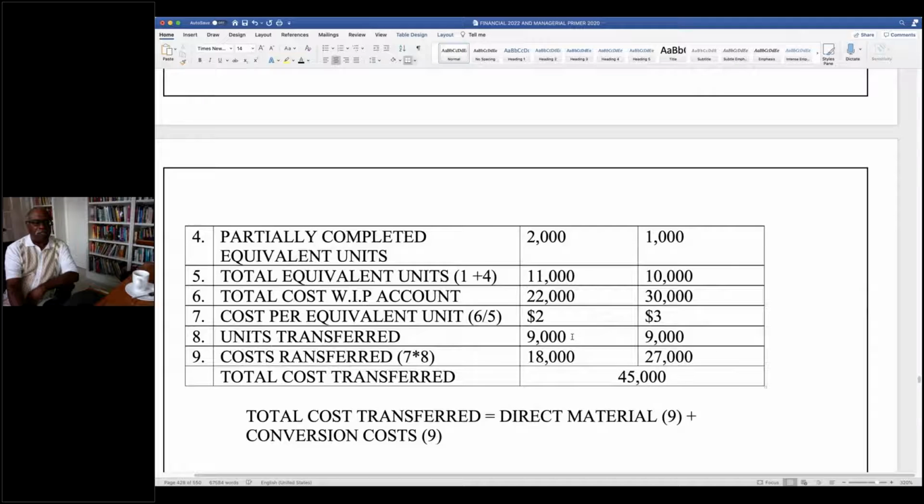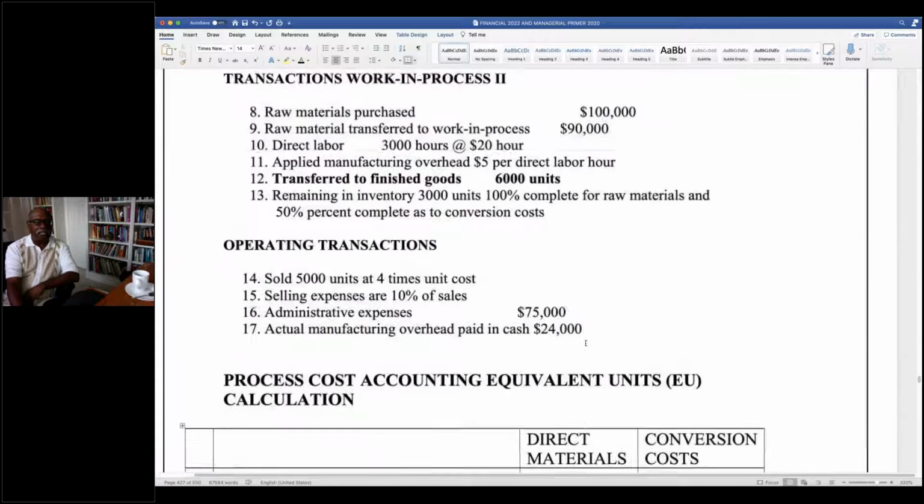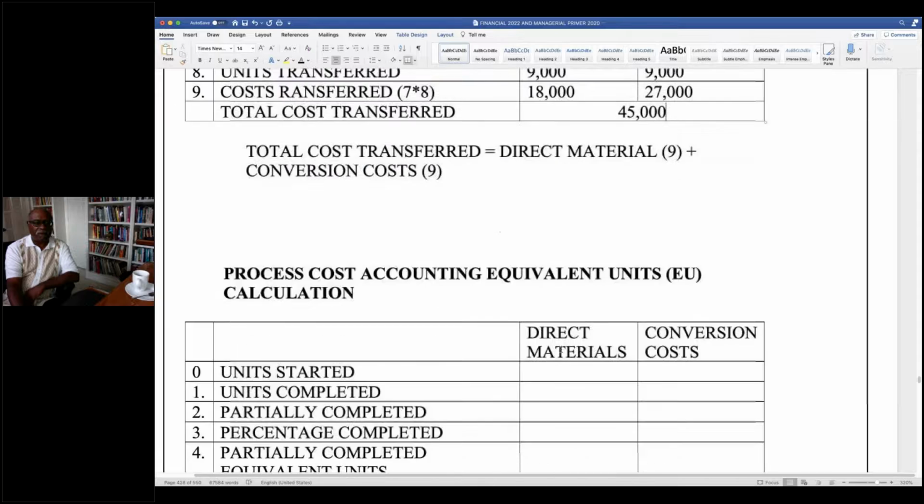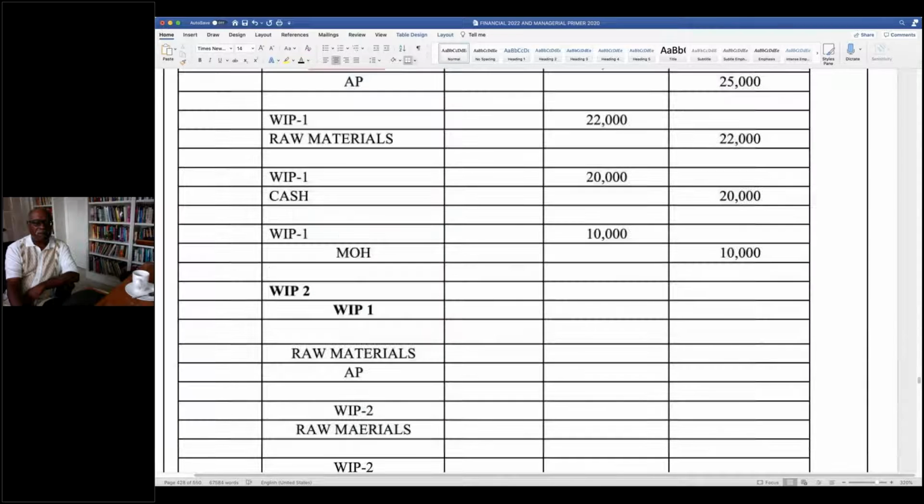So what's our journal entry going to be? I think it's WIP 2 45,000 and WIP 1 45,000. WIP 2 is debited and WIP 1 is credited.